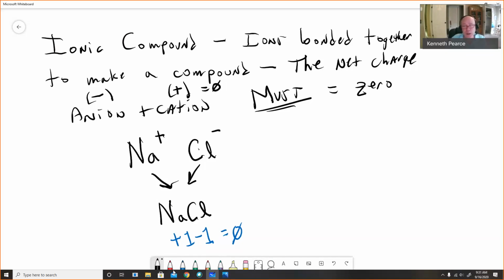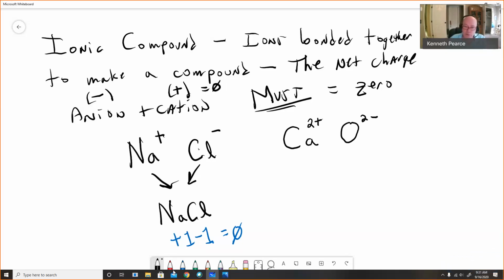And so let's say we had calcium and oxygen. And I look on my periodic table and I find calcium, and we go +1, +2, +3, -3, -2, -1, and I see it's in the +2 range, and so I say 2 plus. And we look across following the pattern once again, and we see that oxygen is 2 minus.